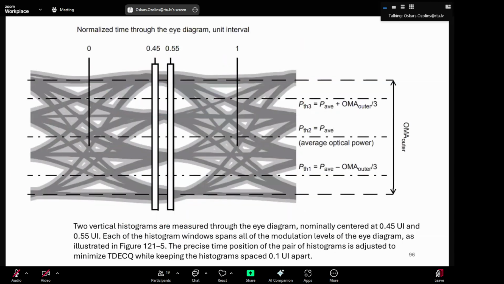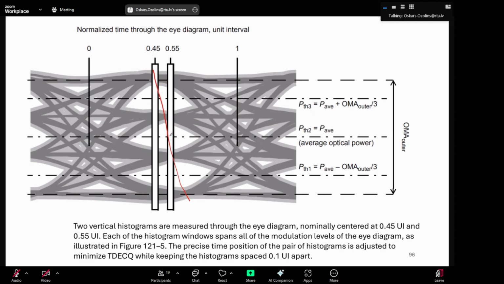There's also another issue which can happen: the eye levels become, if I draw a line, the optimal transition goes like this.